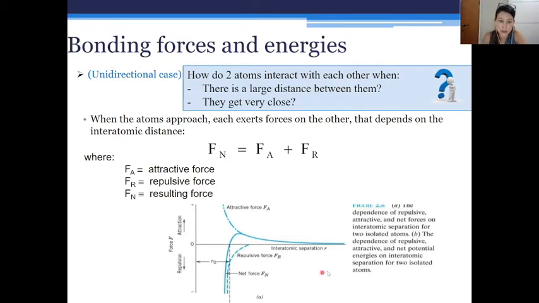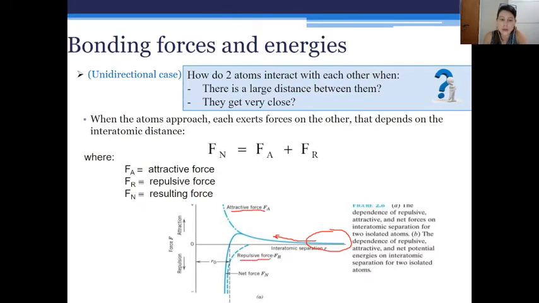As represented on this graphic, at very long distance, as we saw, we have no influence between these two atoms. As we approach these two atoms, we have the contribution of an attractive force and of a repulsive force.